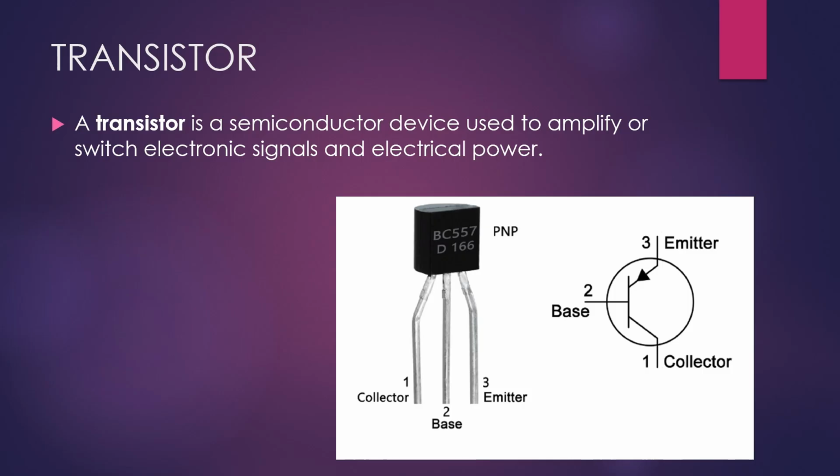If you have a radio, and on your radio you are listening to whatever you're listening to, and you decide to turn up the volume, that is you amplifying that sound, and a transistor is responsible for that.